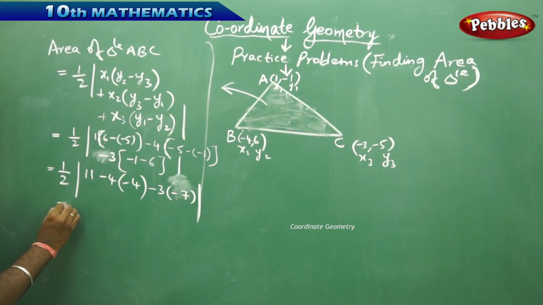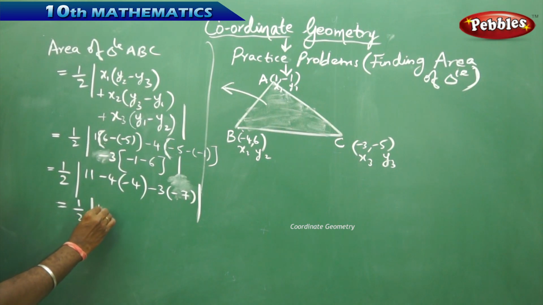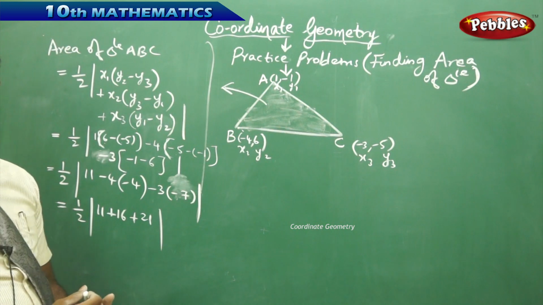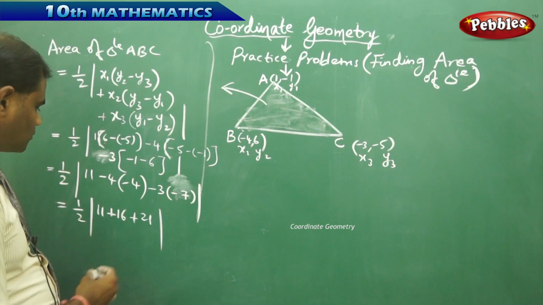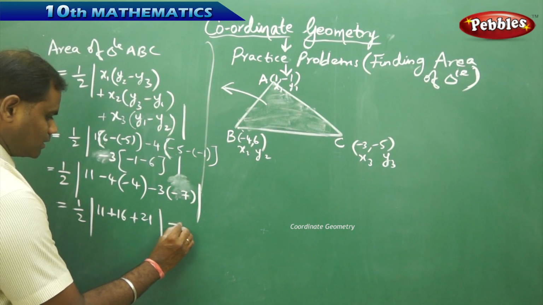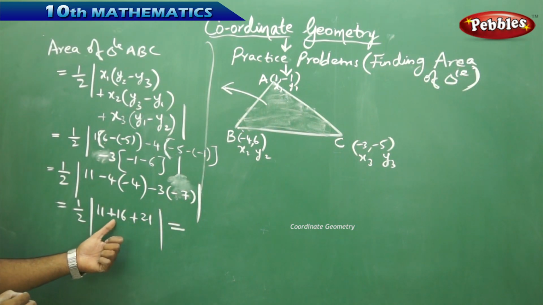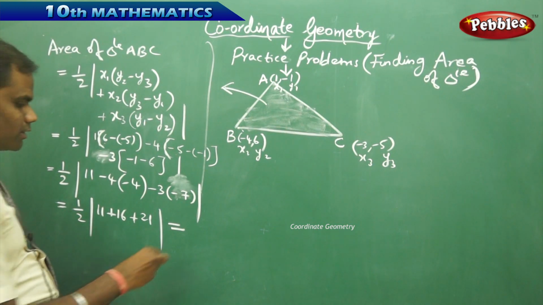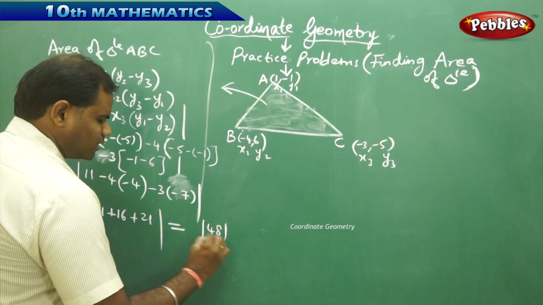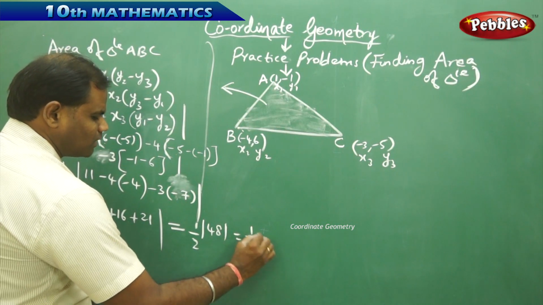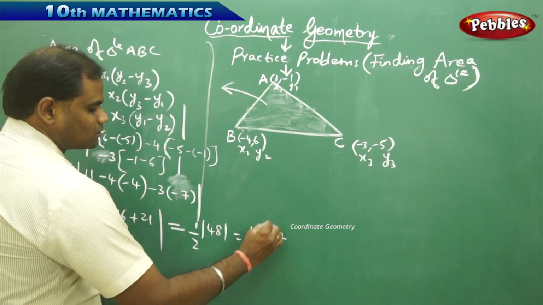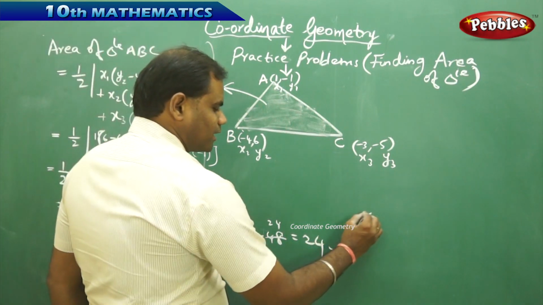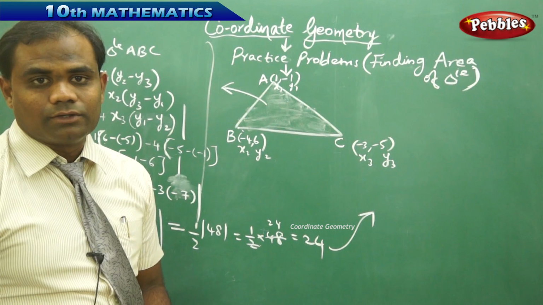On further simplification it gives half times mod 11 plus 16 plus 21, which is 48. So mod 48 over half is nothing but half times 48, which is 24. Therefore, the area of triangle ABC is 24 units square.